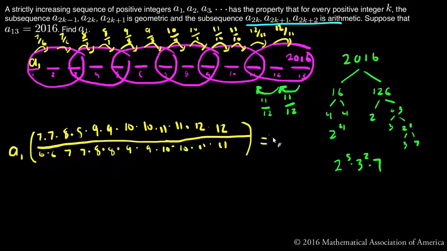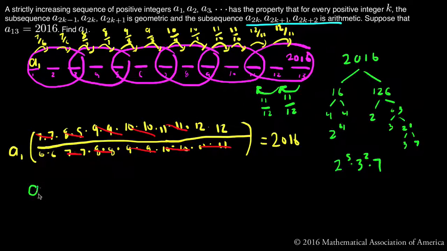And that's equal to 2016. And the 7's, the 8's, the 9's, the 10's, the 11's all cancel. I'm left with 12 times 12 over 6 times 6. Well, 12 over 6 is 2. So this is really 2 times 2, which is 4.